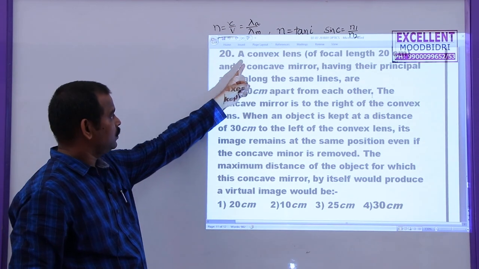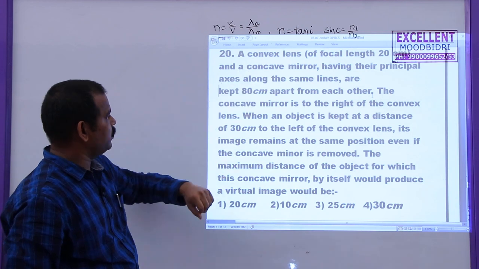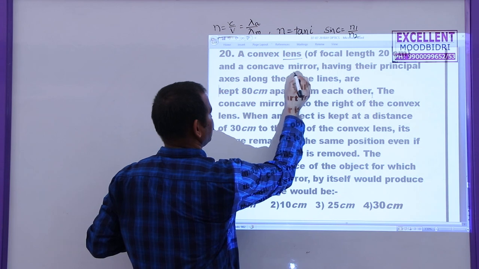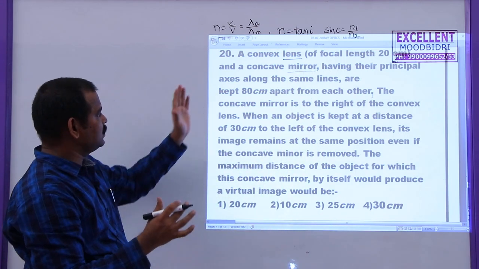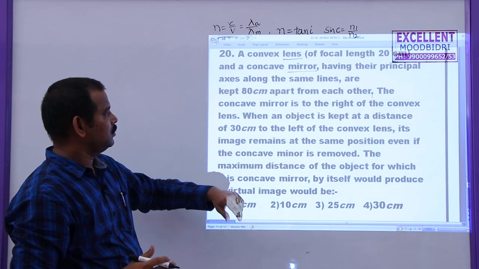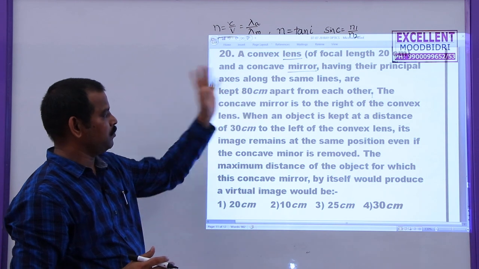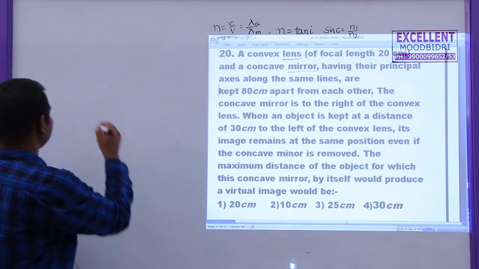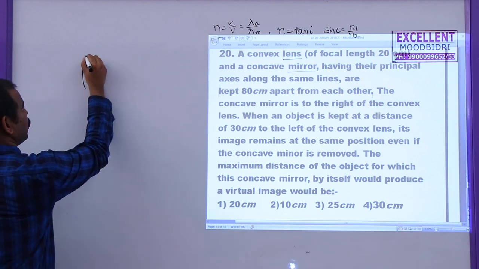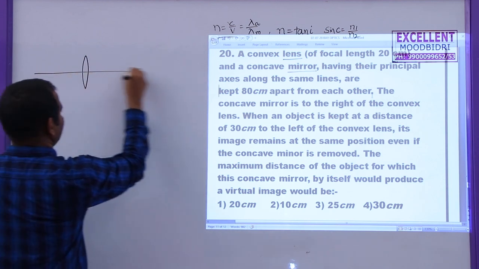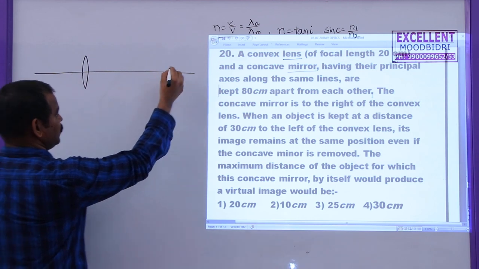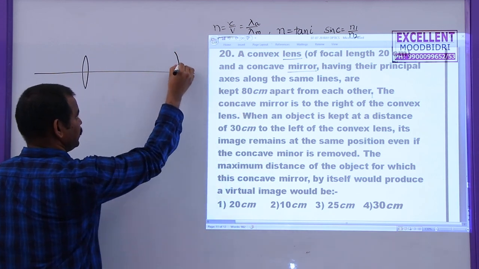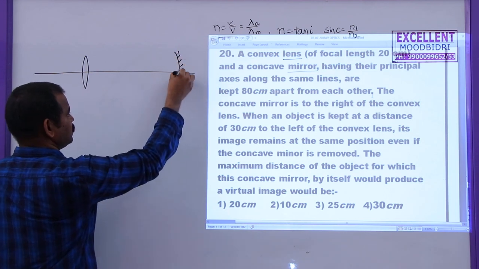In this problem, a convex lens of focal length 20 centimeters and a concave mirror, remember one of them is a lens, the other one is a mirror, having their principal axes along the same line, are kept 80 centimeters apart from each other. The concave mirror is to the right of the convex lens. So this is the convex lens and the principal axis is the same line, and this is the concave mirror.